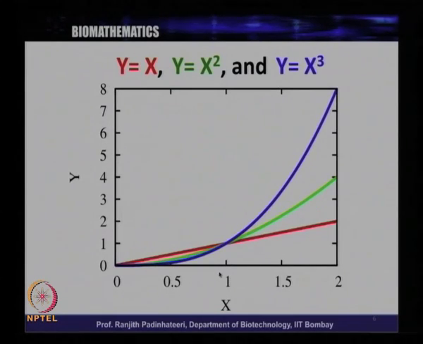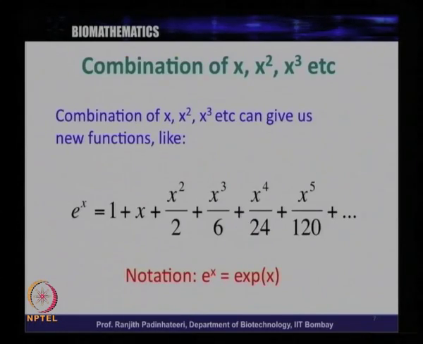So, once we understand these three functions, we also said that a combination of these functions, x, x square, x cube, x power 4, x power 5, etc., will give some other function. For example, x plus x square will give some other function, x minus x square will give some other function.